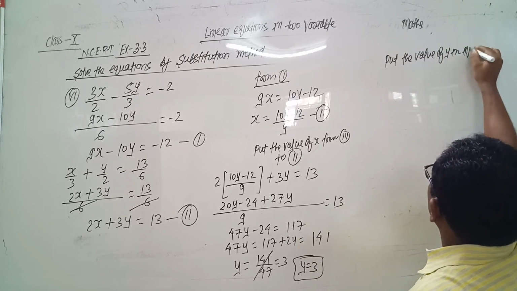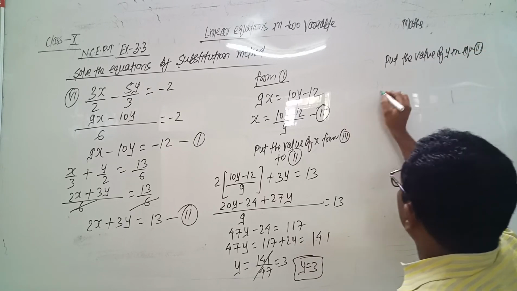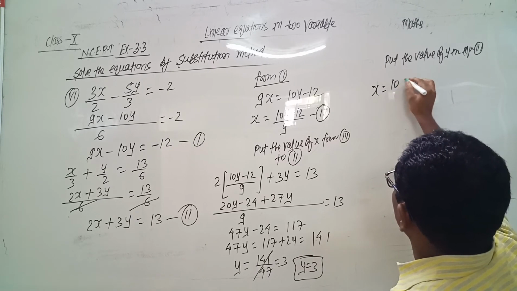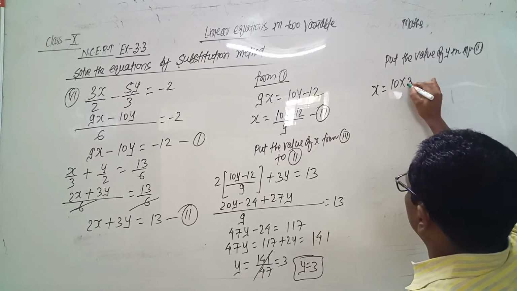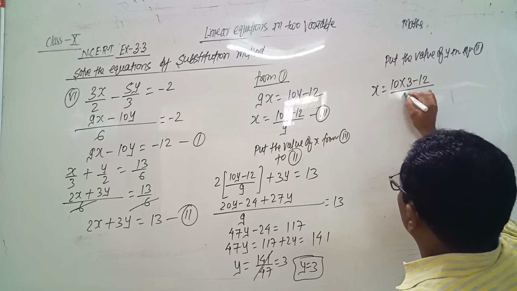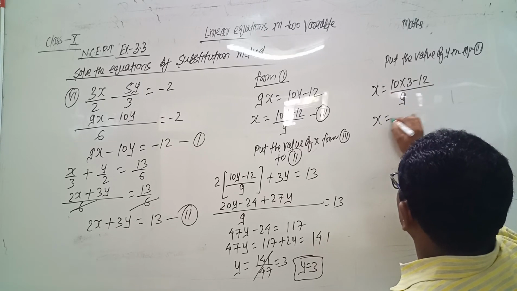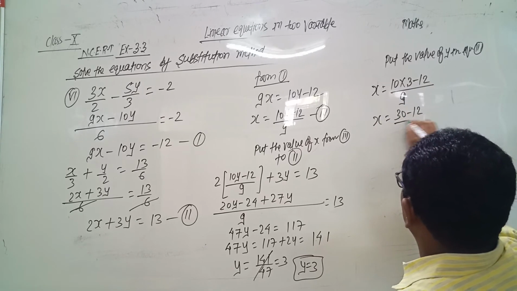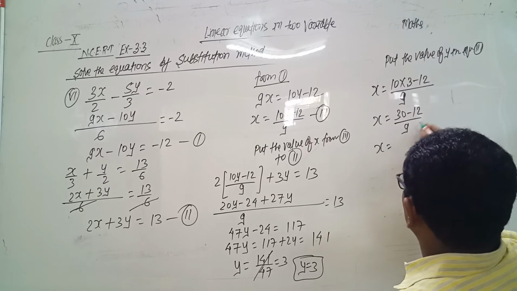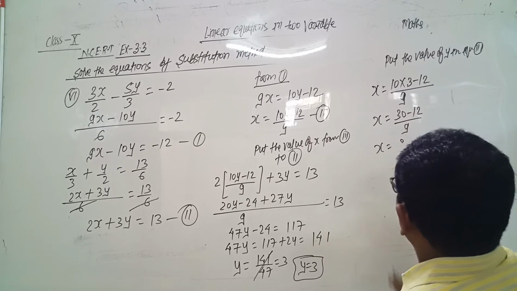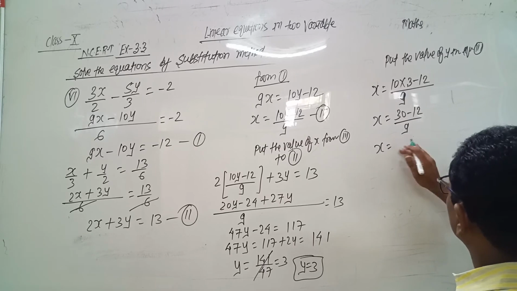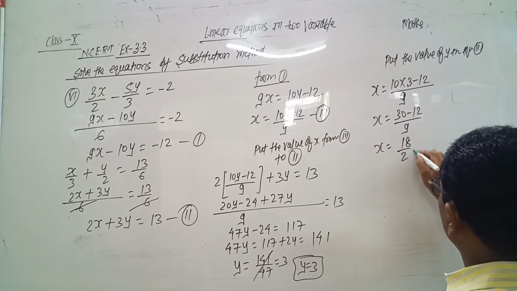Put the value of y in the equation. So x equals 10 into y, and the value of y we get is 3, minus 12 upon 9. So x equals 30 minus 12 upon 9, and 30 minus 12 means 18 upon 9.